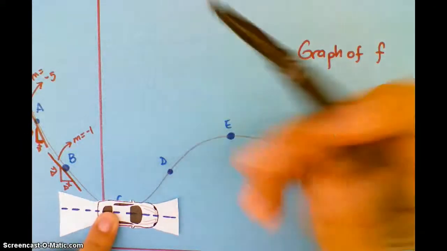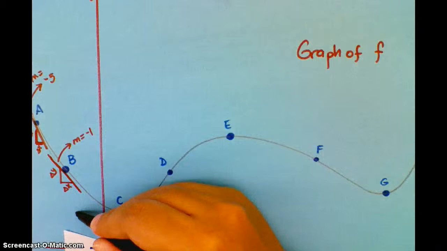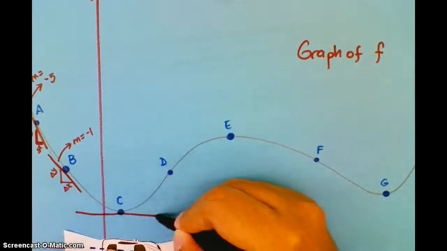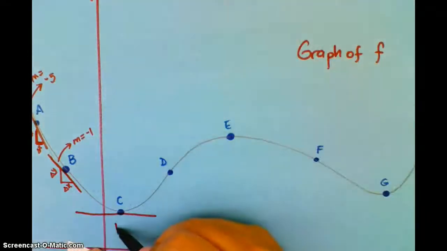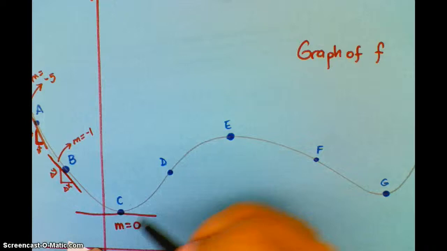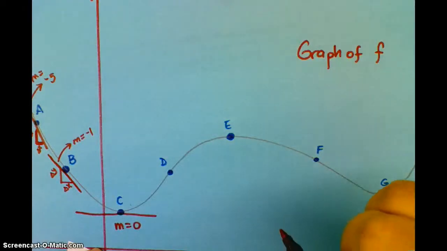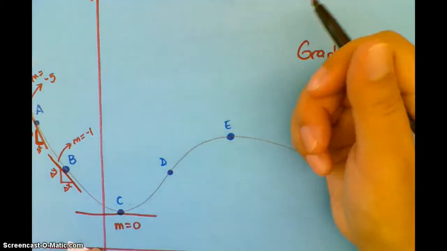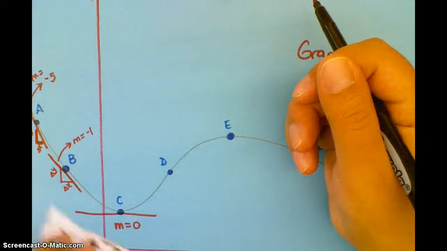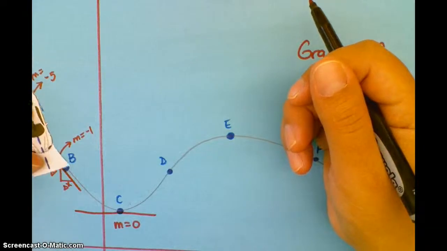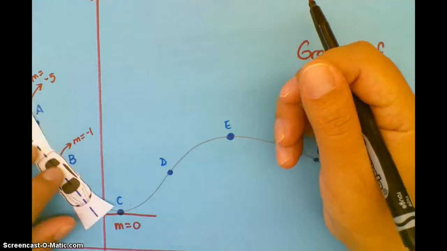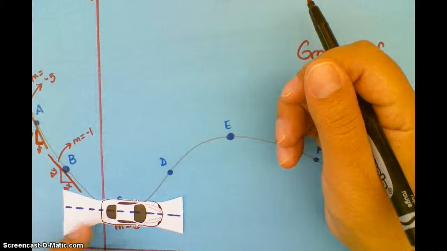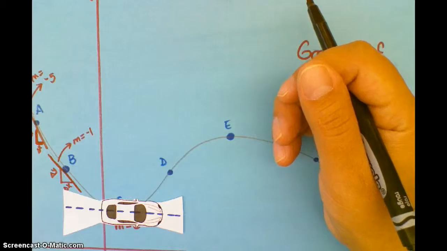So at C, what do you think the slope of this tangent line will be? You are correct. Hopefully you are correct. The slope is 0 there. So it was very negative before, less negative, less negative, less negative, until it finally reached 0 right there.